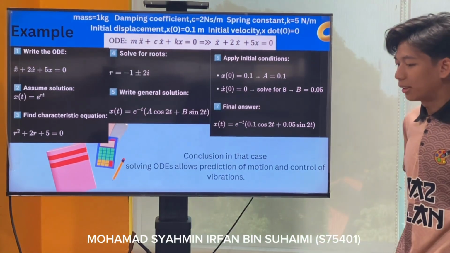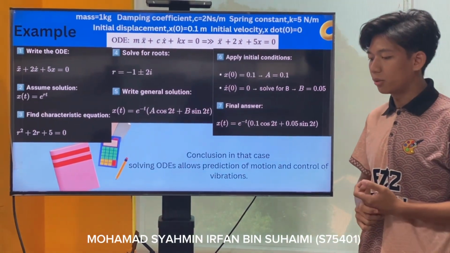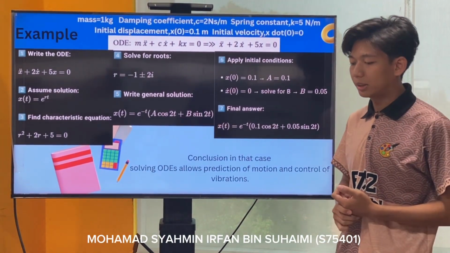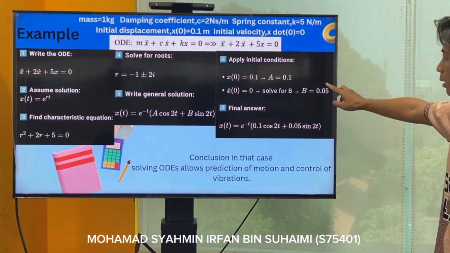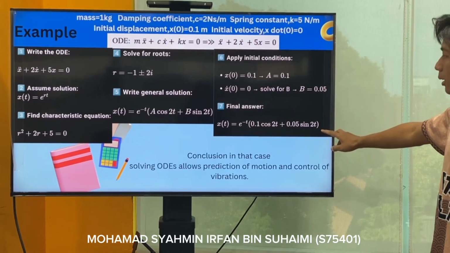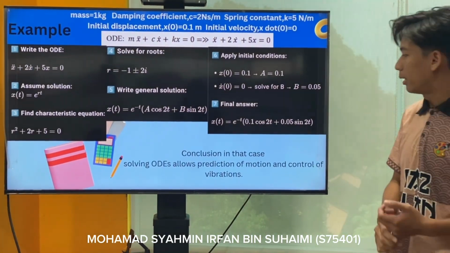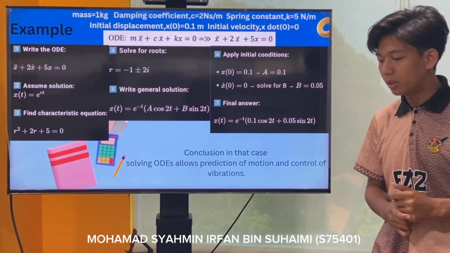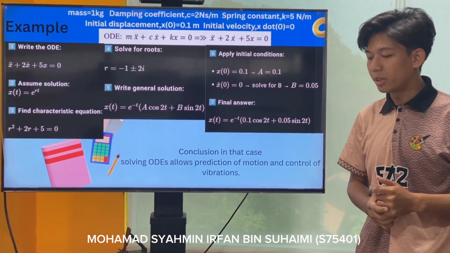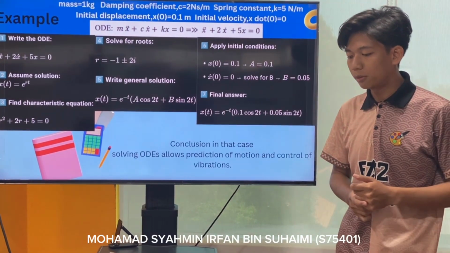Then to apply the initial conditions we can get this and the final answer like that. In conclusion, in that case, solving ODE allows prediction of motion and control of vibration.